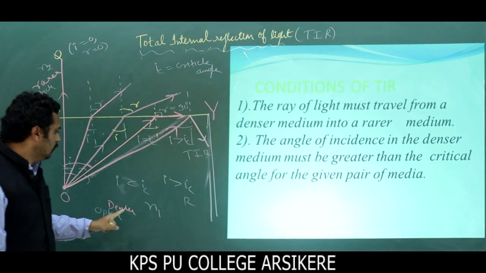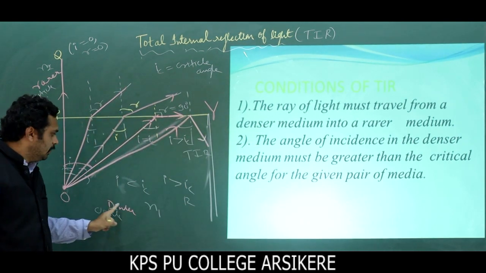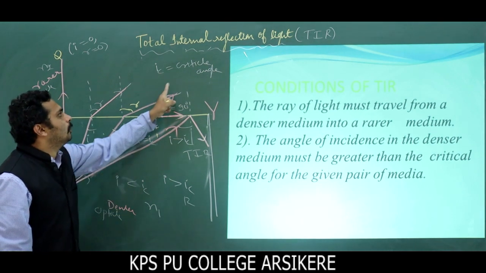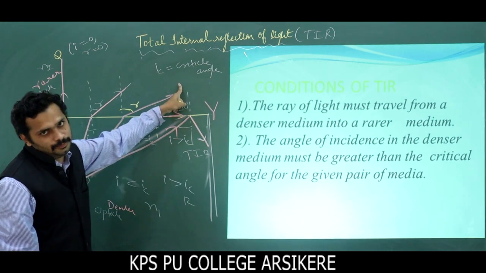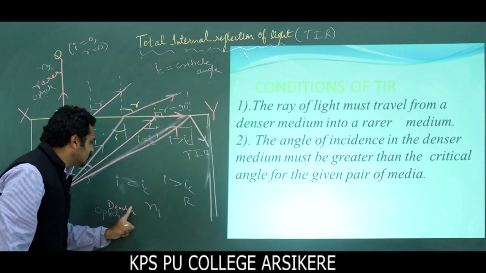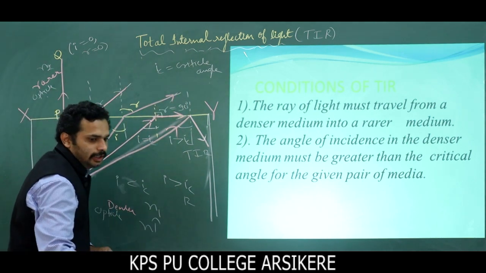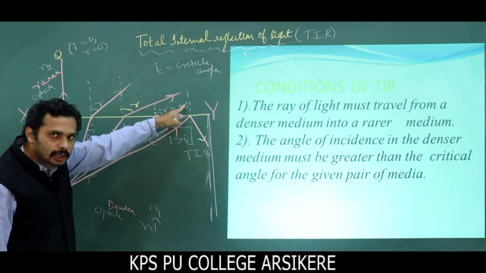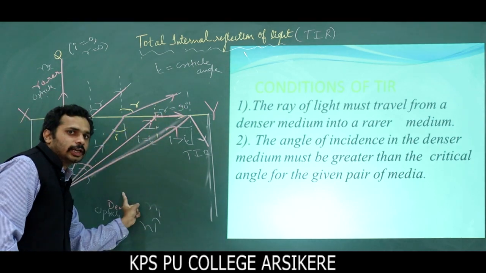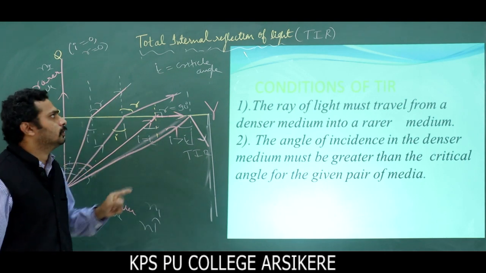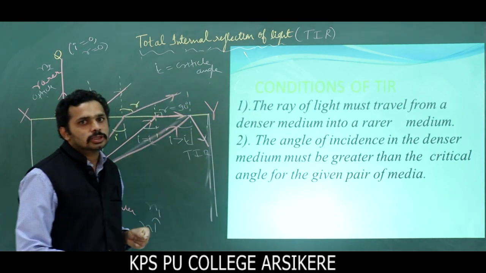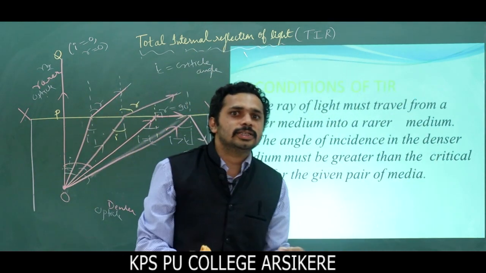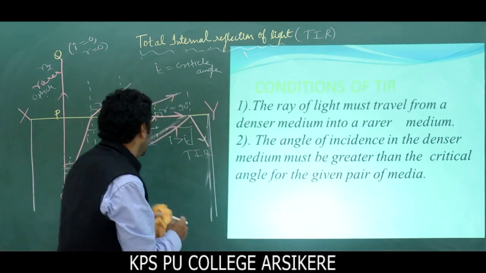First condition, the ray of light travels from optically denser medium to optically rarer medium. Optically denser means higher refractive index to lower refractive index. Denser to rarer ಹೋಗಬೇಕು. Higher refractive index to lower refractive index ಹೋಗಬೇಕು. ಏನಾಗೋದಕ್ಕೆ? TIR. Suppose I am going to pass the light from rarer to denser. Is it possible? No.